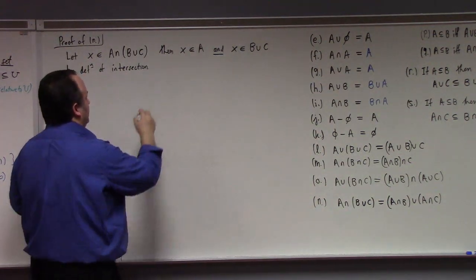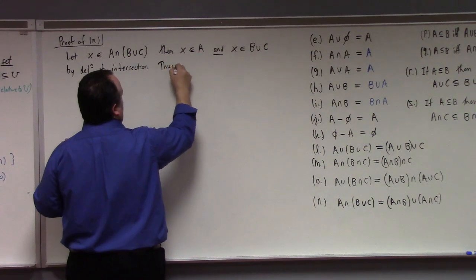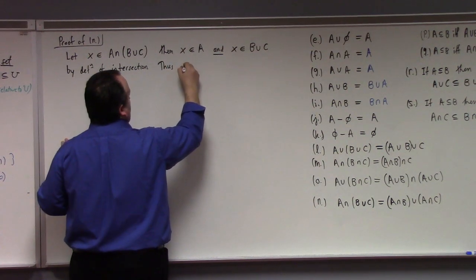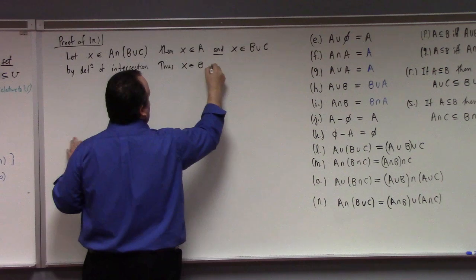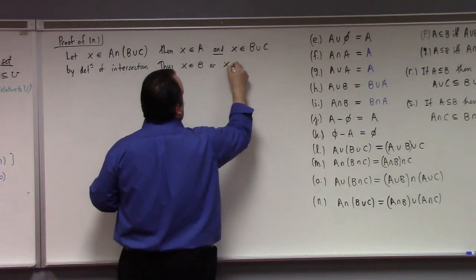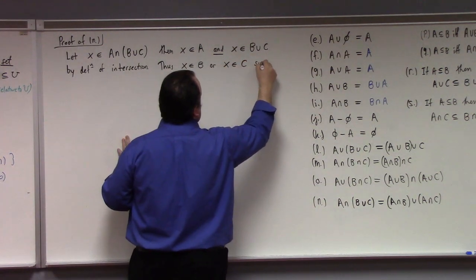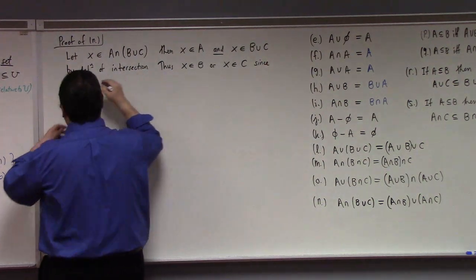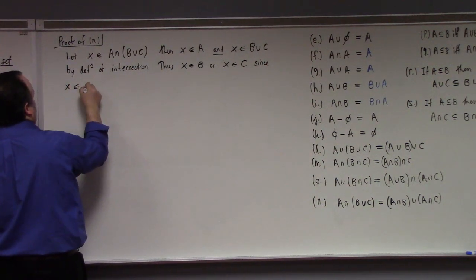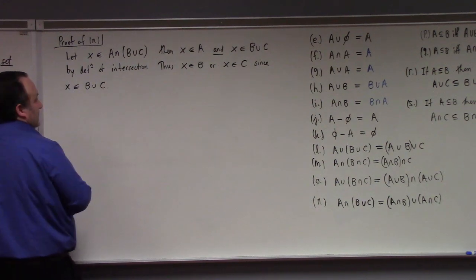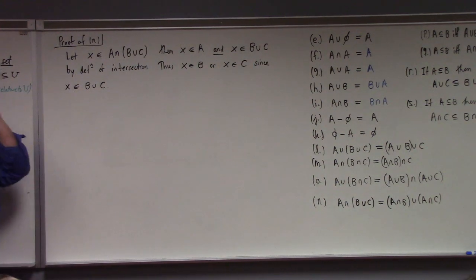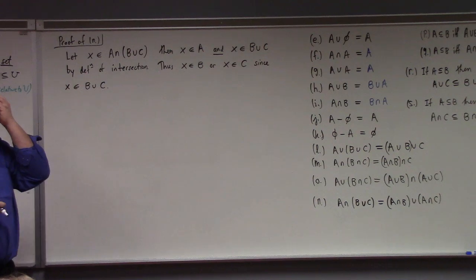Okay, thus, X is an element of B, or X is an element of C, since X is an element of B union C, right? Definition of union is that it's in B or C.